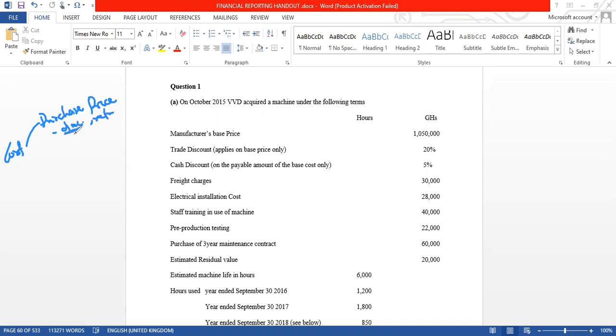The discount we meant here, you remember, is the trade discount. Then we also talked about other direct costs incurred in bringing the asset into its condition of being used, and the PV of dismantling cost.